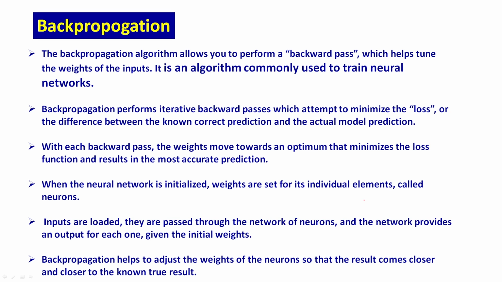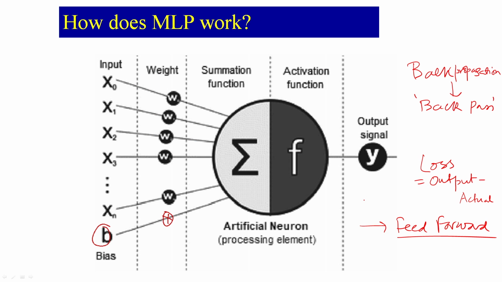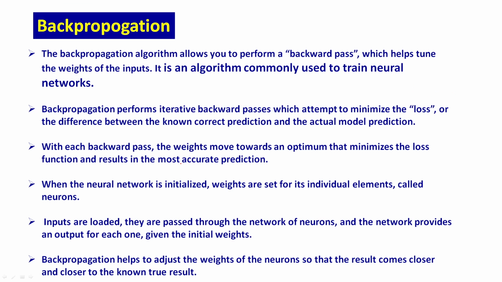So, we talk about backpropagation. Let me tell you a few points. The backpropagation algorithm allows you to perform a backward pass, and this is used mainly to tune the weights of the inputs, and it is widely used to train neural networks. So, if you give a back pass, okay, from there to here, this will allow you to tune the weights of the network, and it is an iterative process.